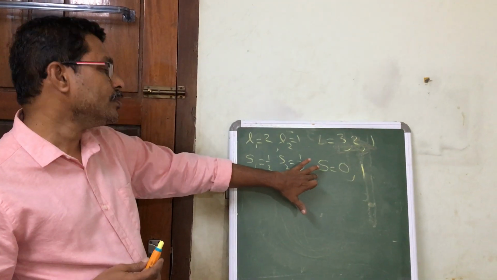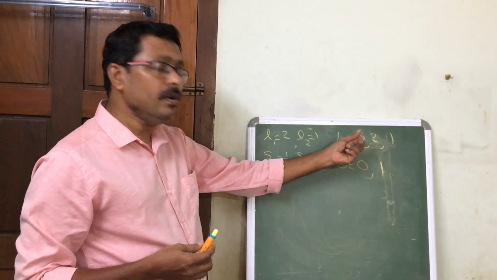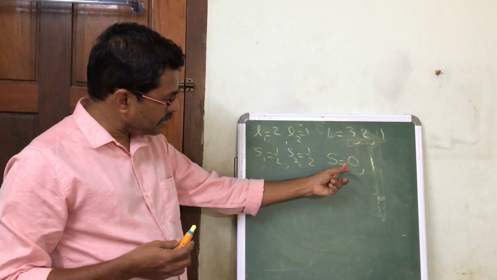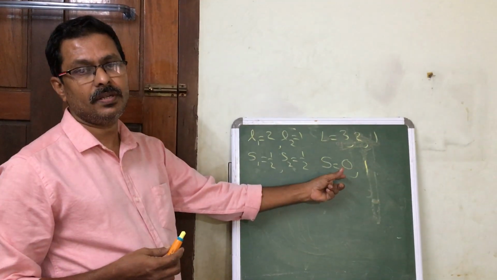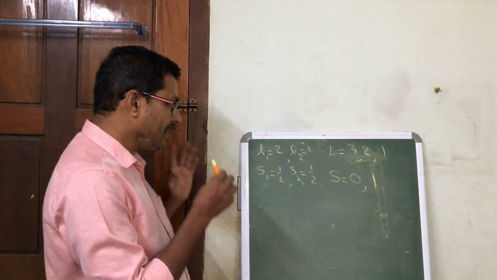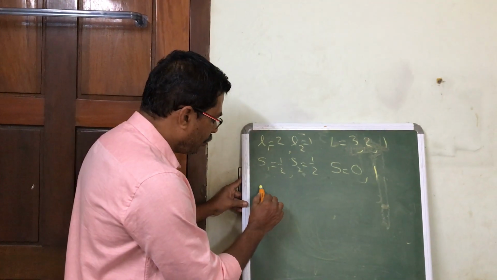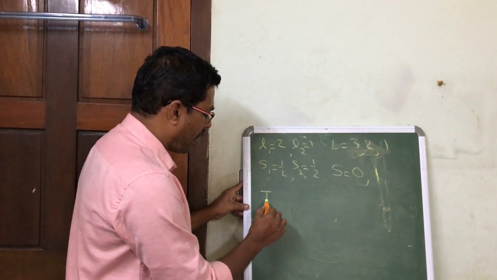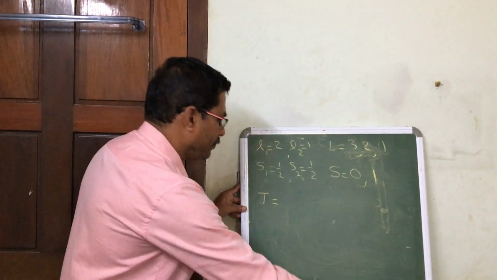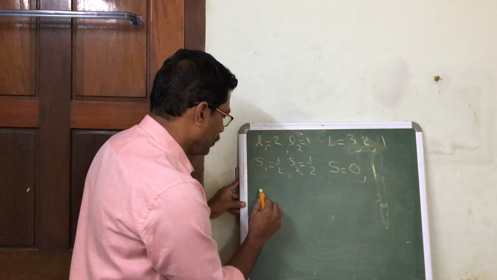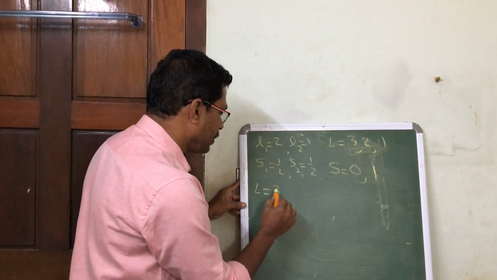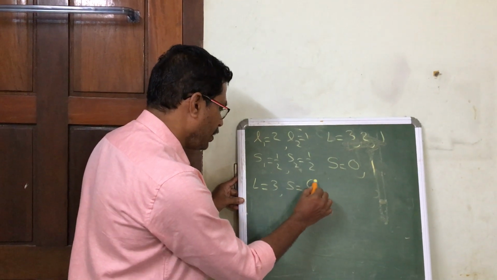So now you have 3 L values as well as 2 S values. So one value from L and another value from S, they will combine to give a particular J value. So the possible J values are: the first one, L equals 3, S equals 0.